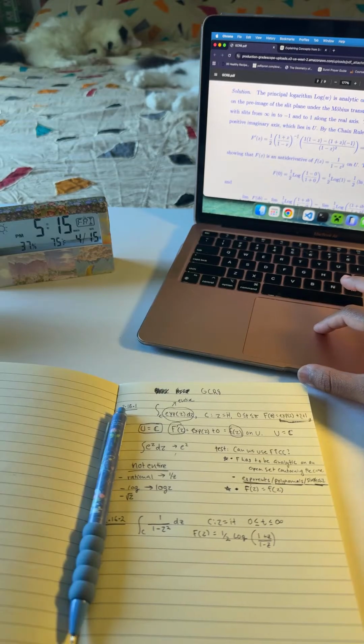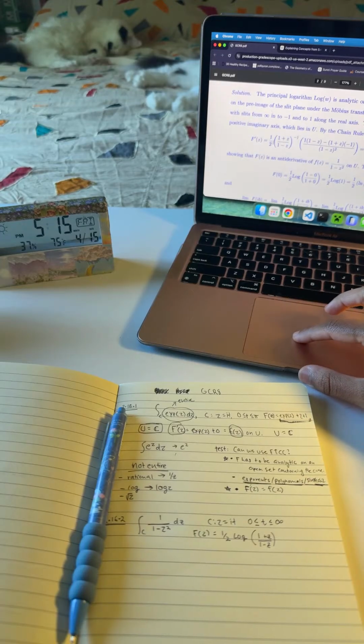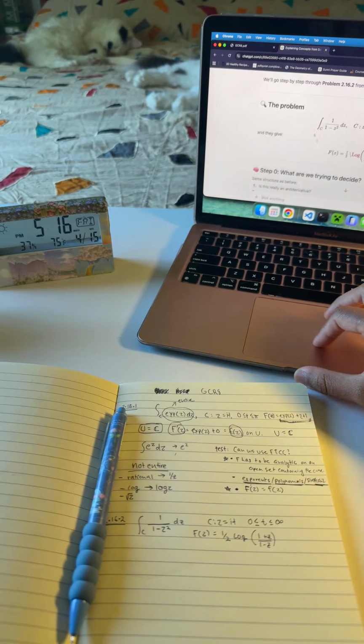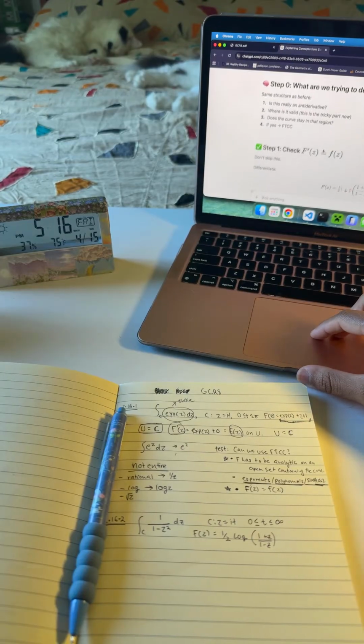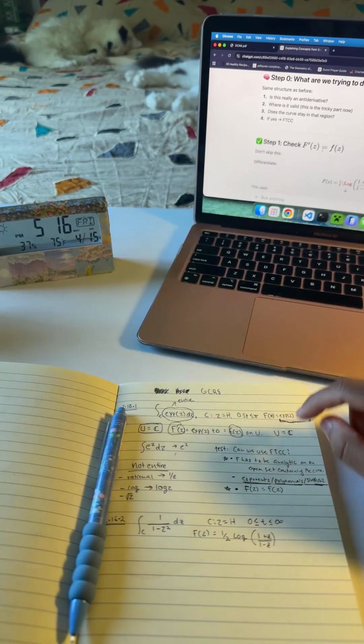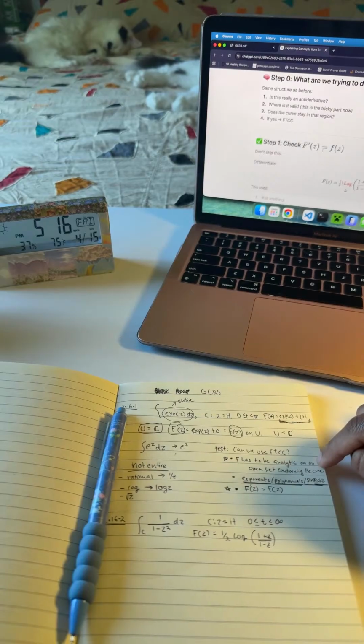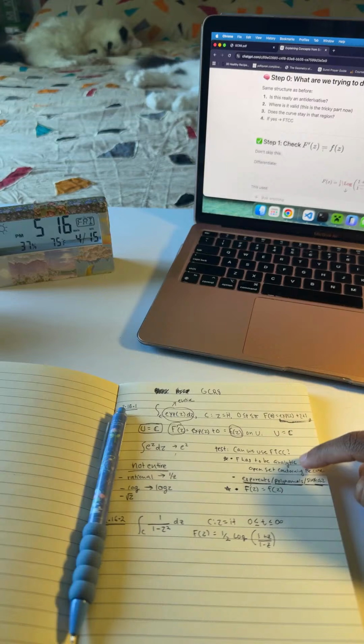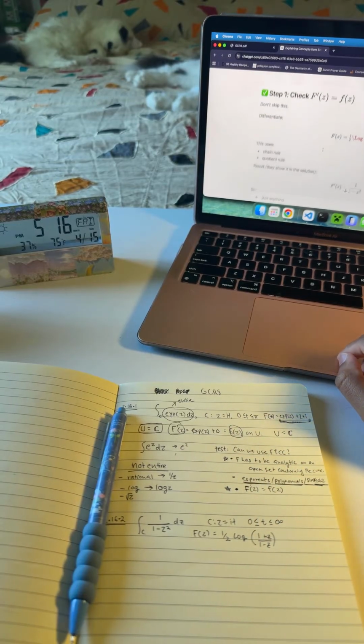So I don't know where to get that negative one from. But let's see how they explain it. We're going to see if this is a real antiderivative. Where is it valid? Where is it analytic? And does the curve stay in that region? Only then can we use the fundamental theorem of calculus here.